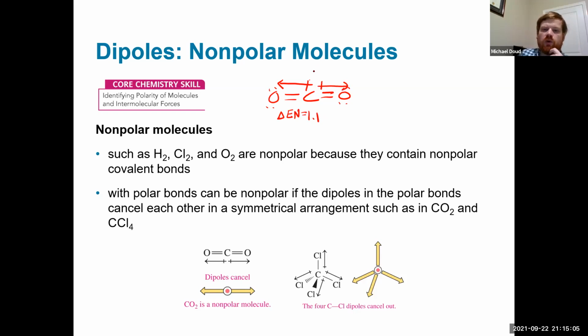Now, the way that dipoles work is we are going to add those dipoles together to get what we call the net dipole. The net dipole determines if a molecule is polar or not.